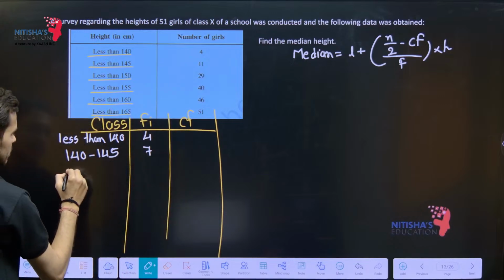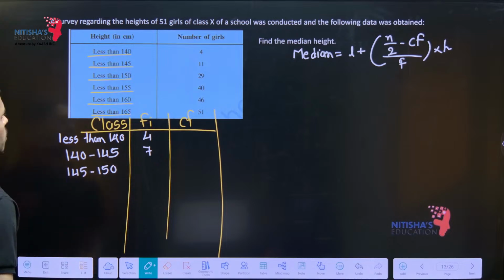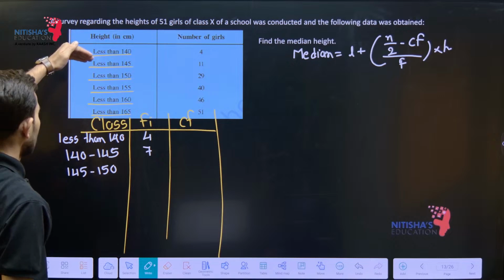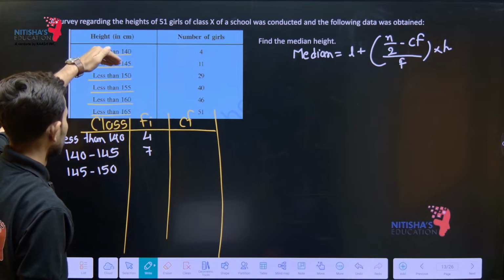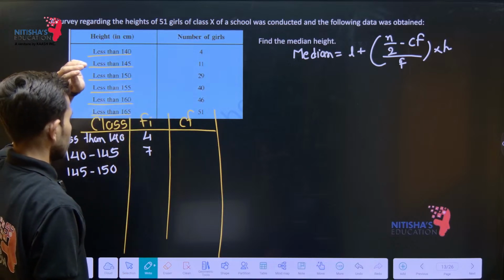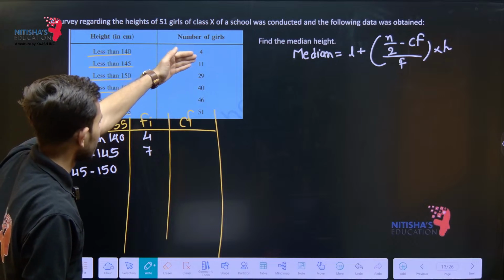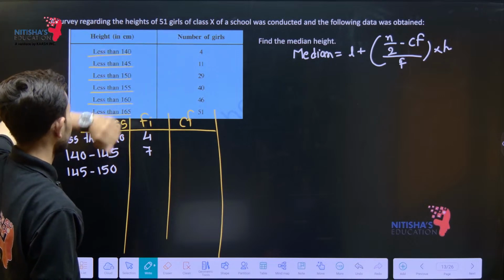Now the next class is 145 to 150. For less than 150 we have a total of 29 girls, but from this 29, 11 girls are already considered in less than 145.